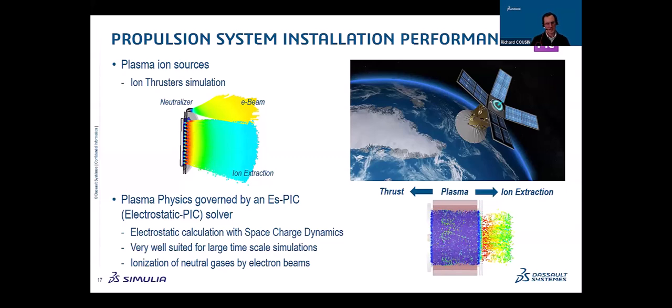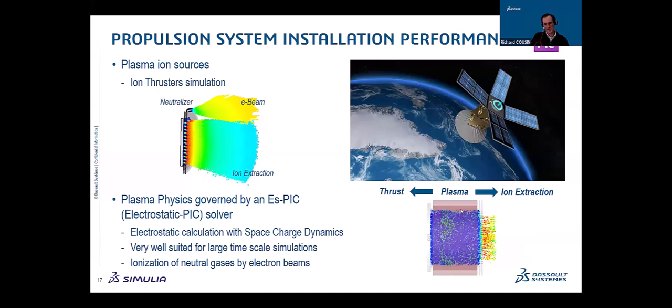So here we have some plasma physics governed by an ES-PIC solver, the ES-PIC solvers that I introduced previously. The electrostatic calculation is performed with the space charge dynamics. That is well suited for large timescale simulations, and the ionization of the neutral gas, plus the Monte Carlo collision models superimposed in this context, can also be taken into account.